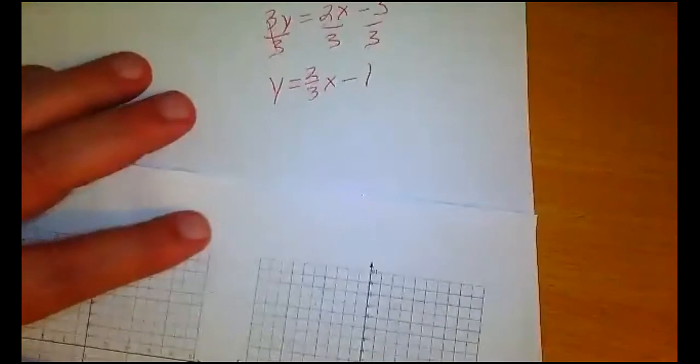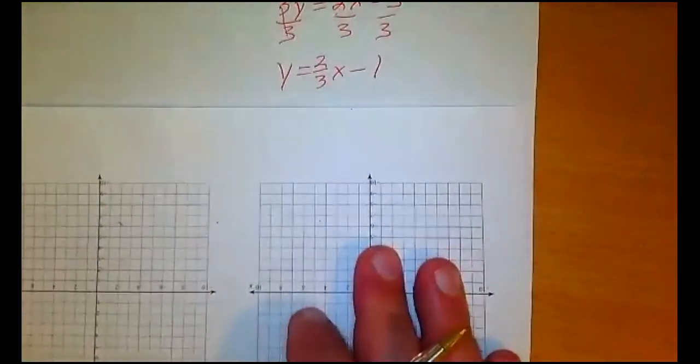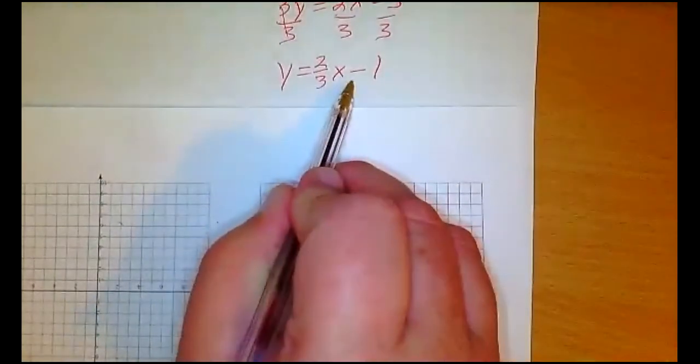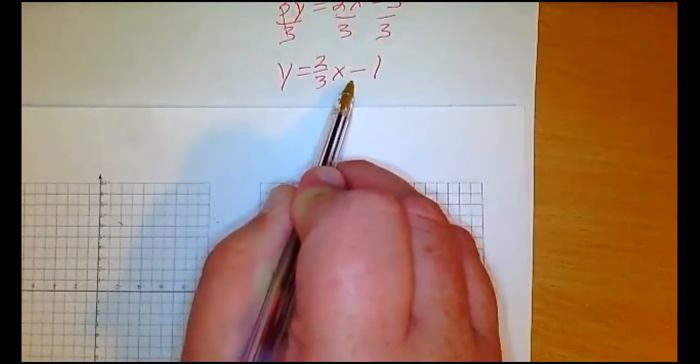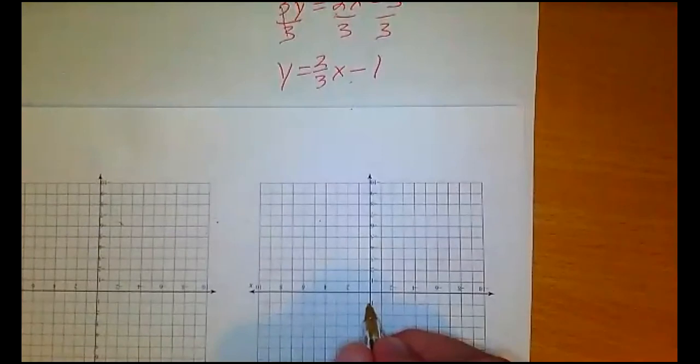Now, I'm going to graph it with actual pretty graph paper. Okay, now, here's my y-intercept, right? Because that third number, including its sign, is going to be where the line crosses the y-axis. Do I really need to go to 0 and then go up? No, I can just remember that here's -1 for y, right?